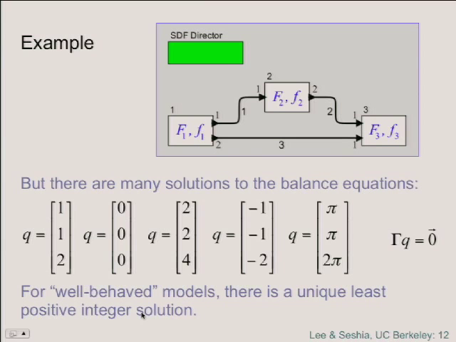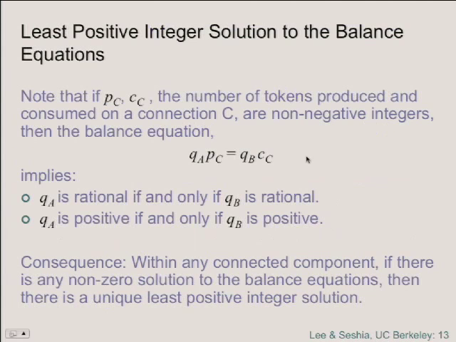first of all, let me just outline for you how you would go about showing this. The least positive integer solution relies on the fact that the production and consumption numbers are integers, and therefore you can always find a rational solution.